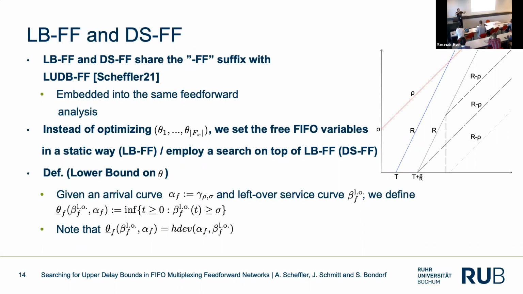But overall, with all these interdependencies of flows, this does not provide the best setting for thetas. It provides a valid setting because all theta settings lead to a valid bound, but it can be improved upon. So this static way is basically the starting point where we put the search on top.